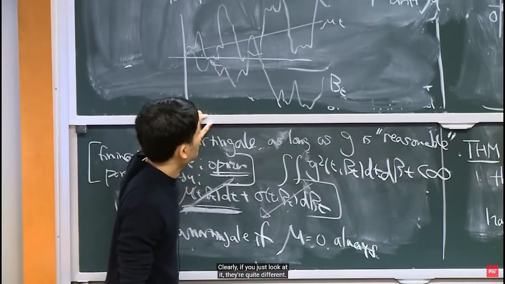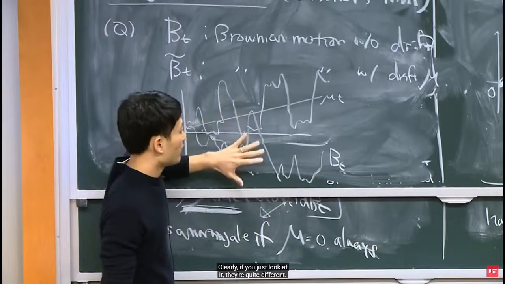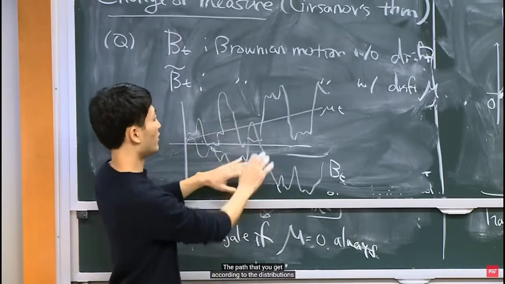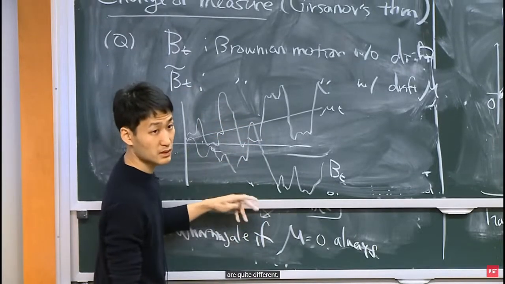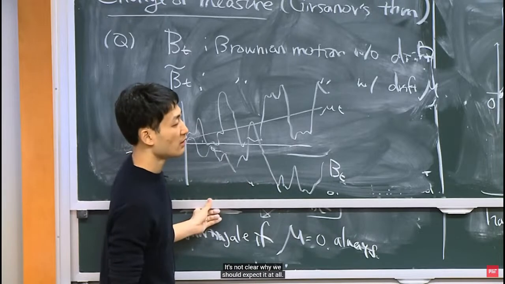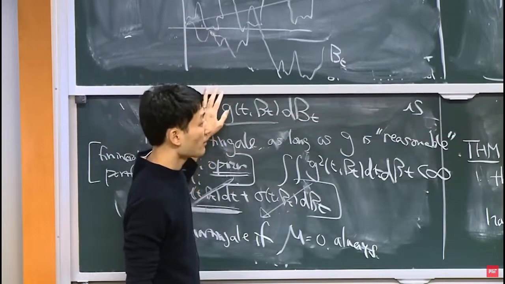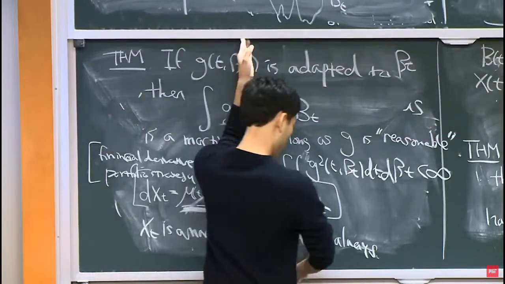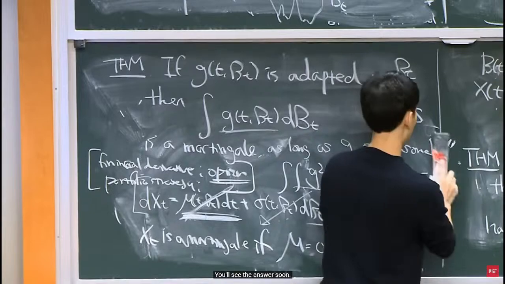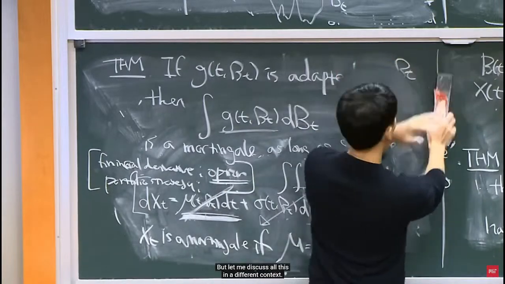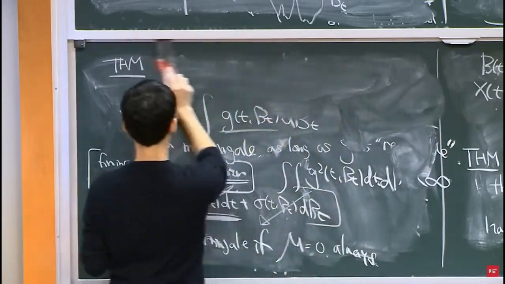Okay, clearly, if you just look at it, they're quite different. The paths that you get, according to the distributions, are quite different. So it's not clear why we should expect it at all. And you'll see the answer soon. But let me discuss all this in a different context.